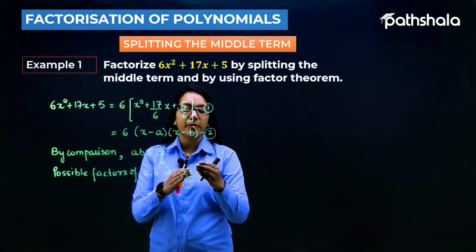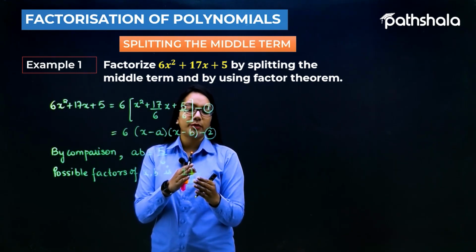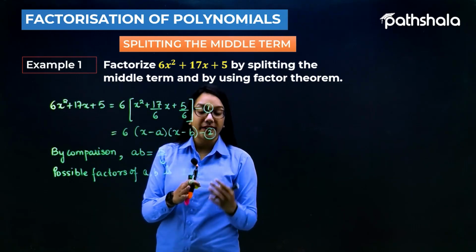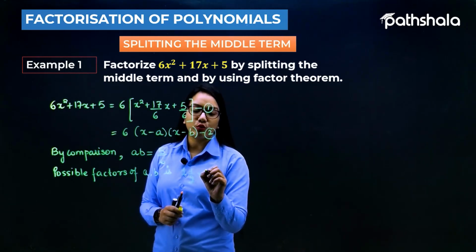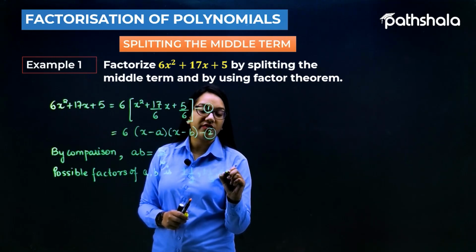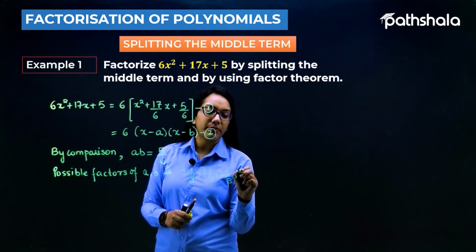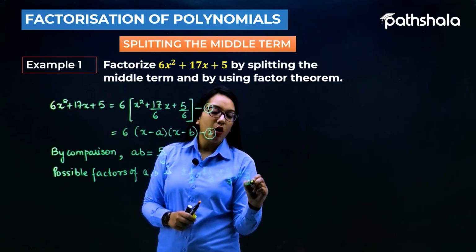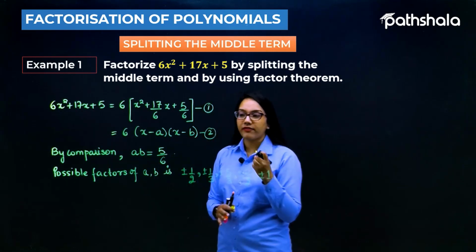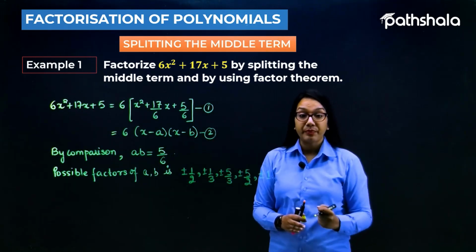If we take a as plus minus 1 by 2, then we have to take b as 5 by 3. So plus minus 1 by 2, or plus minus 1 by 3, plus minus 5 by 3, and plus minus 5 by 2, or let us suppose plus minus 1 we do have. They are nothing but all the factors of ab.